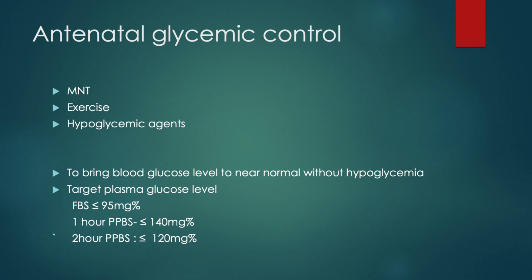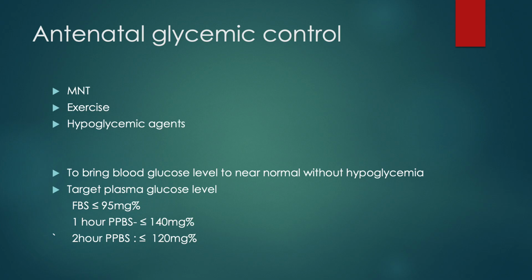The objective is to bring the blood glucose levels as near to normal as possible without causing hypoglycemia. This is because studies have found that complications are directly proportional to the blood sugar level.